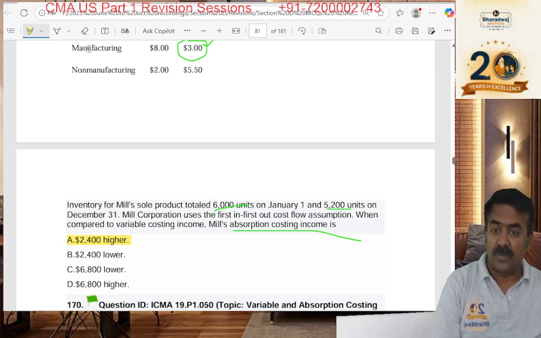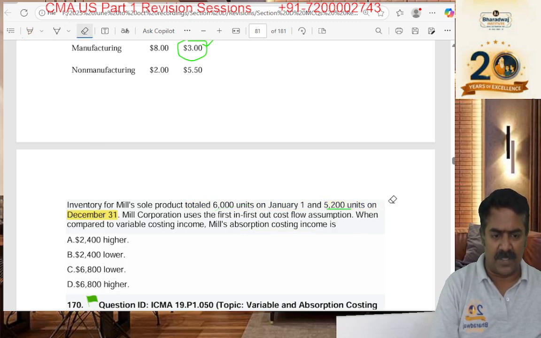Be careful. It's not production. It is opening stock. This is closing stock. This is not production and sales. This is opening stock and closing stock. Opening stock is more than closing stock.